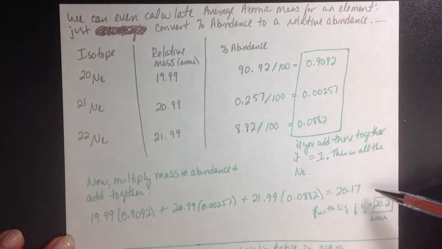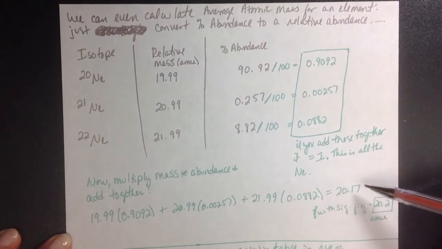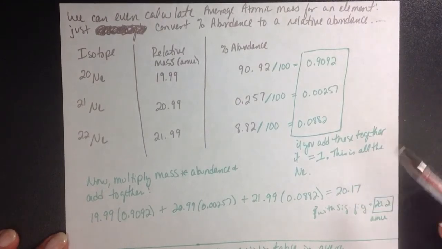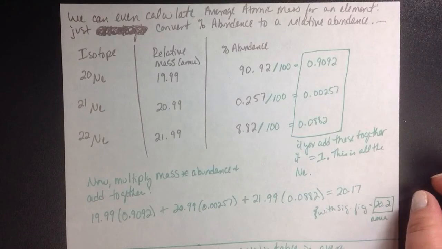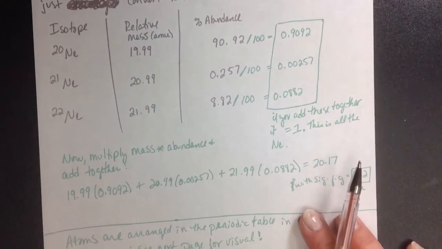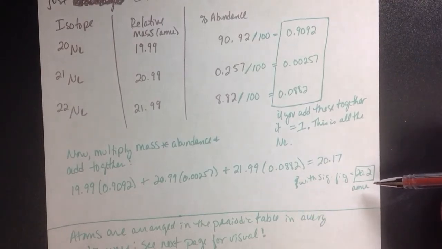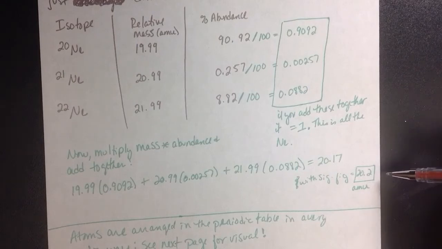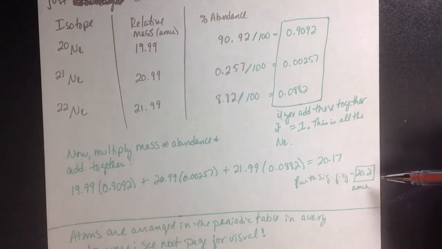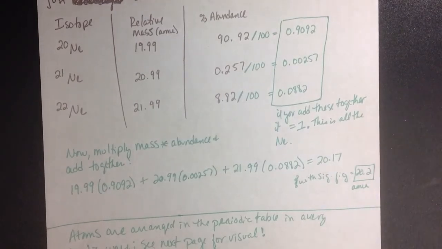And this gives you 20.17 as the overall average mass for neon. Something to keep in mind is you still have to take into account significant figures. And the other thing is you can look on a periodic table if you're given one and determine exactly if that's somewhere close to right. It may be off by a few numbers at the end, point something like that, but that's okay. Okay, thank you.